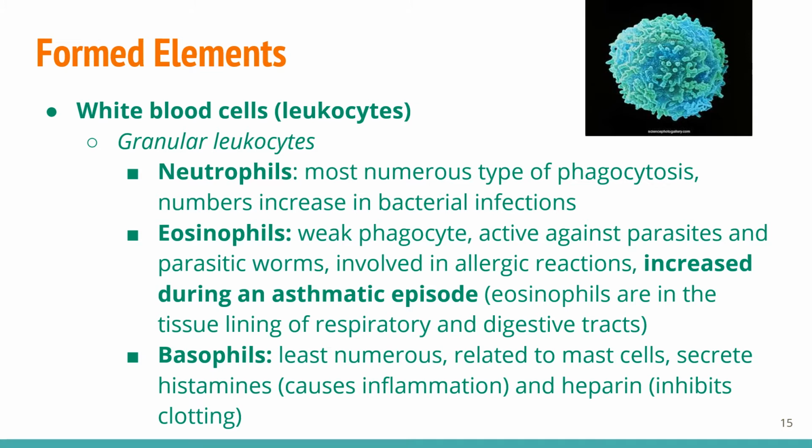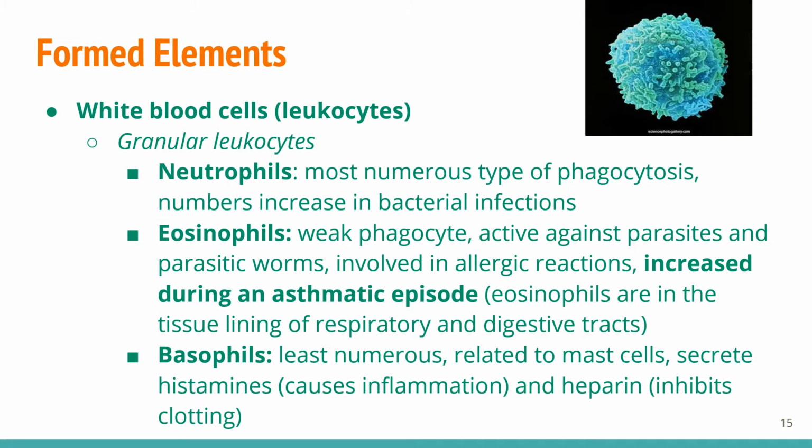You're going to have a higher eosinophil count during an asthmatic episode. Eosinophils are in the tissue lining of the respiratory and digestive tracts, but your counts go up with that differentiated white blood cell. Your basophils are related to your mast cells.